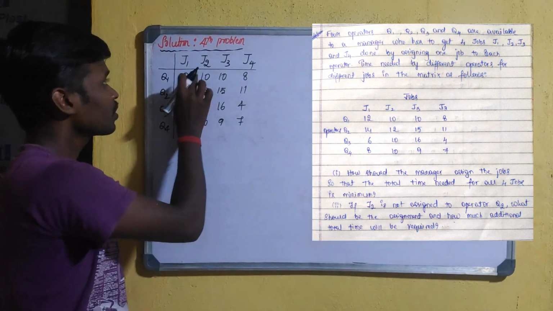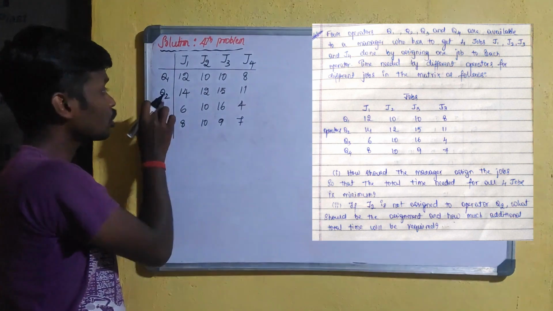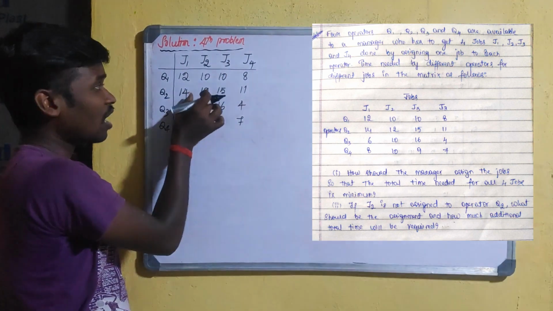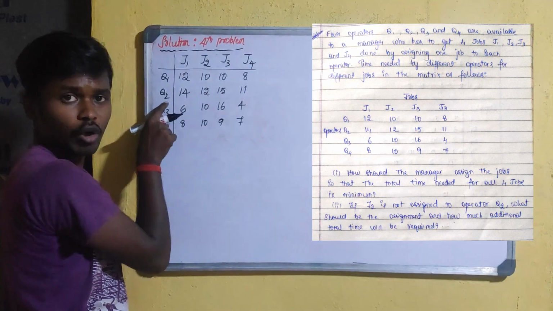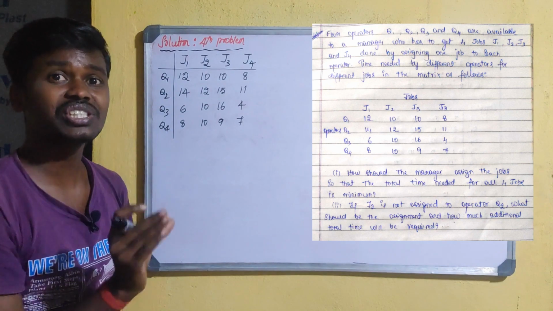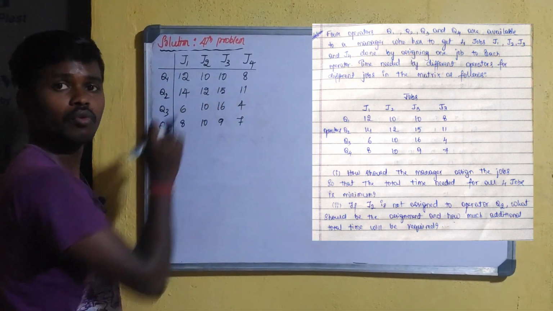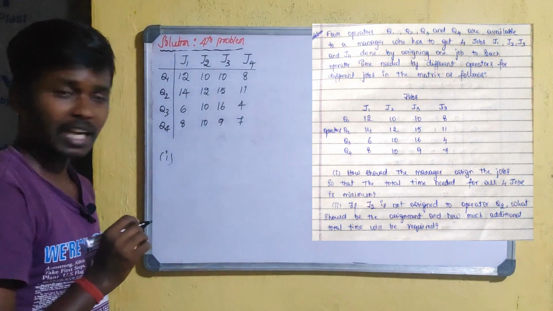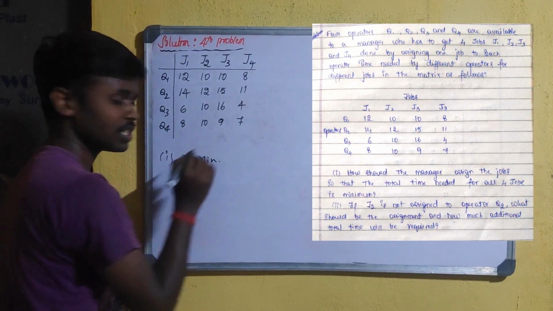Okay, see, if J2 is not allocated to this Q2 operator, means if J2 is not allocated this 12 minutes to this Q2 operator, then what is the additional time required to allocate the 4 operators to the 4 jobs? That we get the total optimal time in the first question, that is 34 minutes, right?